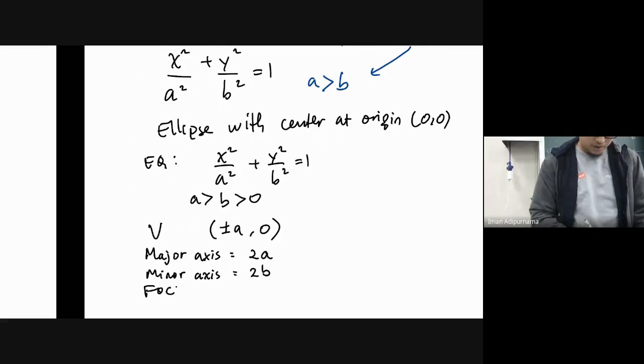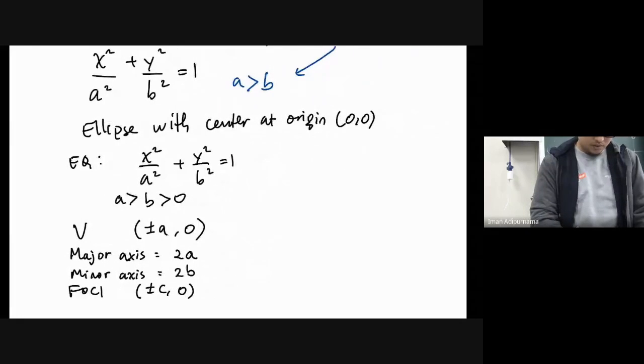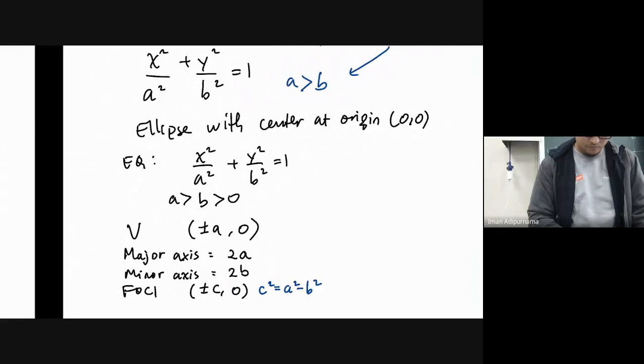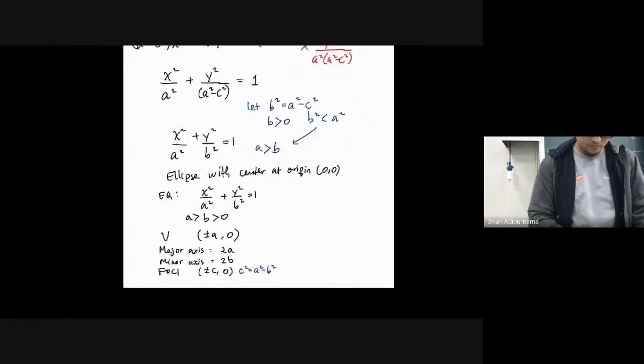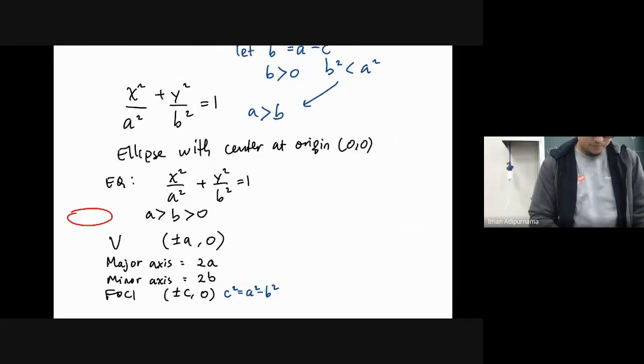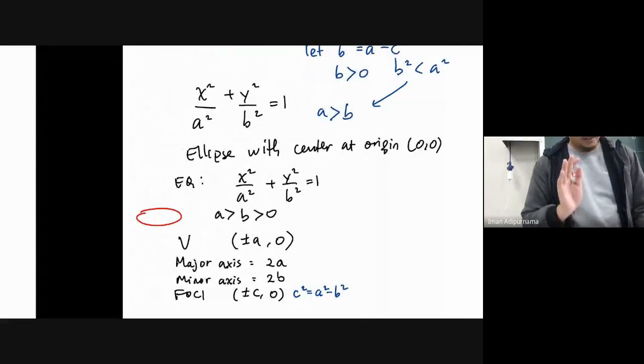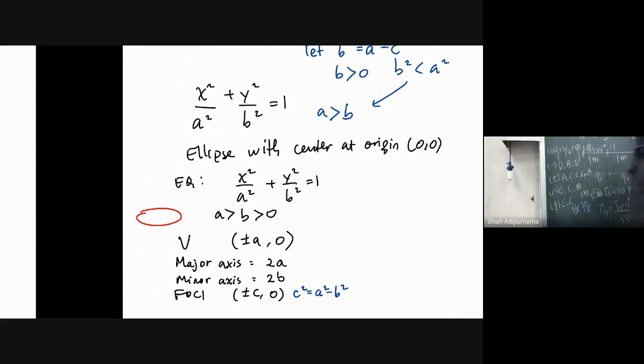And the foci are plus or minus C, where C squared is A squared minus B squared. The graph will be like this, okay? The other, it depends on you, okay?